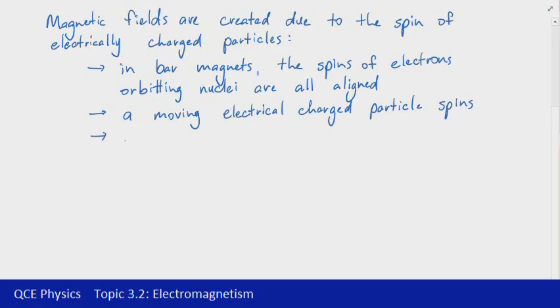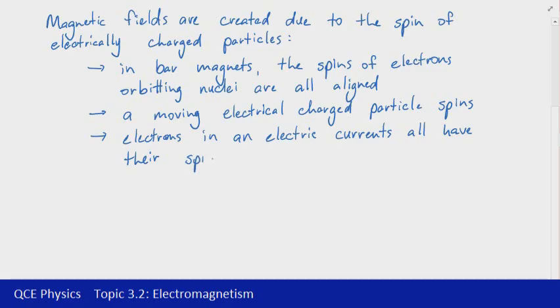If we then take a whole lot of electrically charged particles, such as electrons, and have them flowing in a conductor, that means we're going to have the effects of those spins of those small charged particles combining, and they're all going to be spinning with the same alignment, and as a result we'll see a magnetic field produced.